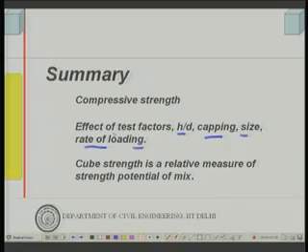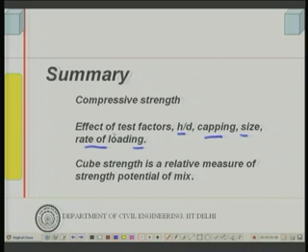Similarly, this effect of H by D ratio is also a function of the strength, but for our general understanding we do not take a value of any kind. We understand that higher and lower nu by E of the capping material will have some effect on the strength of the concrete. Rate of loading is the other important issue, because in the quality control laboratory one must control the rate of loading.